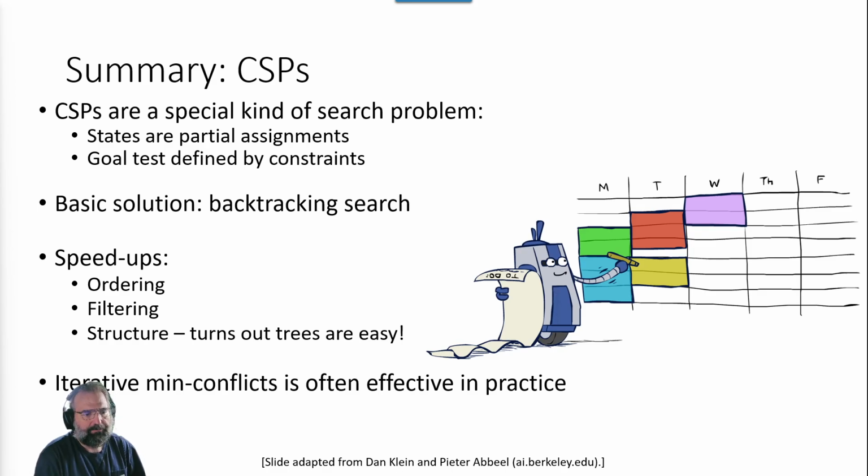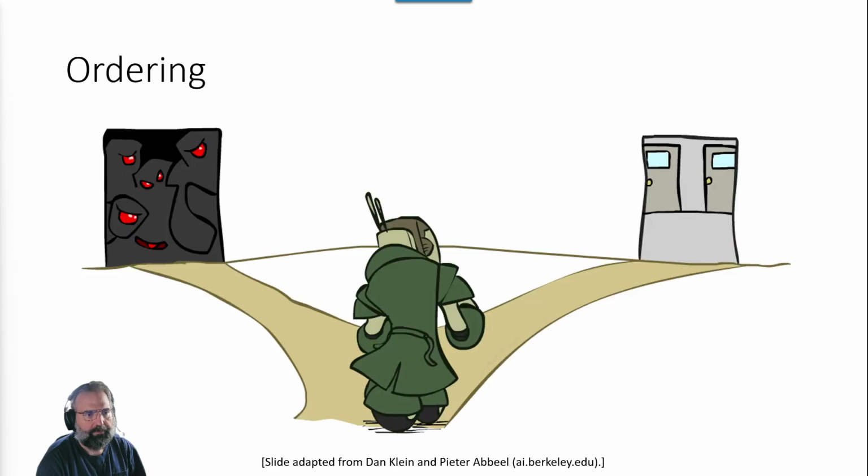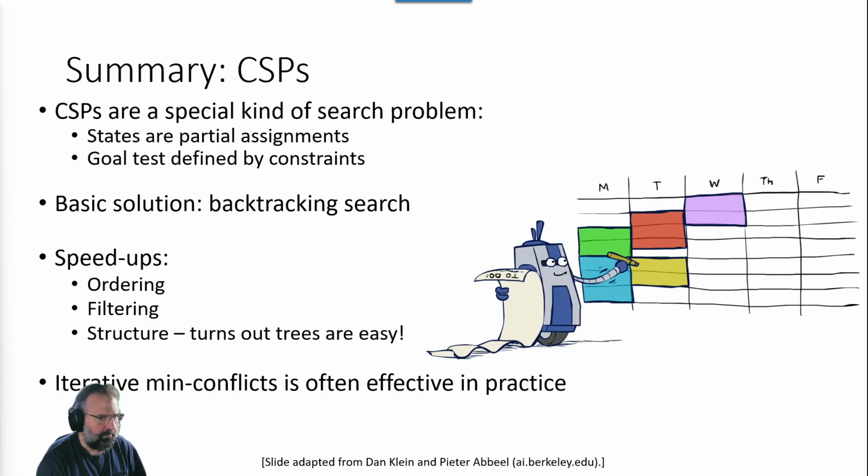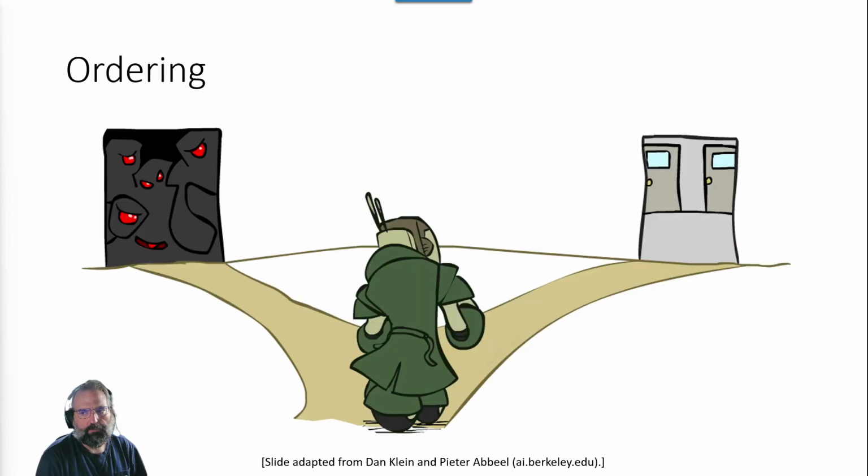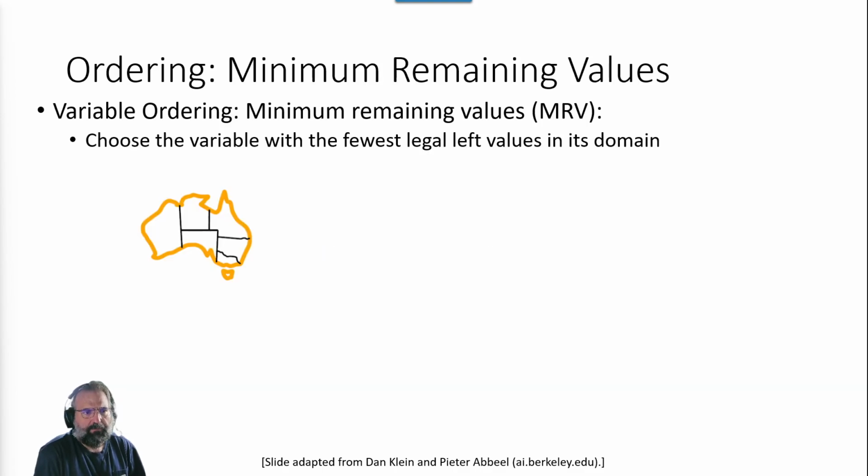There's ways of speeding it up, such as ordering, filtering, or structuring it. And those are all things that we just went over very quickly. There are also some ways of doing things in an iterative fashion. You may also be doing things in a more recursive sort of approach versus iterative, but they're very similar.